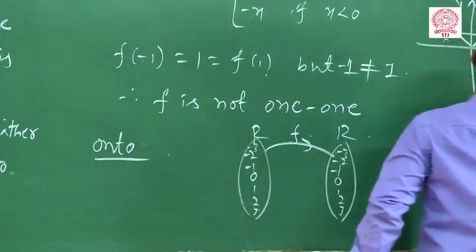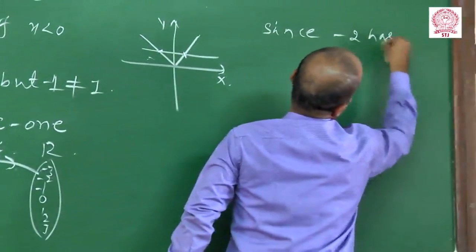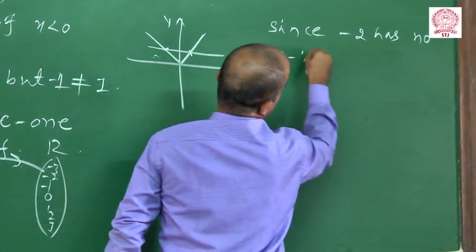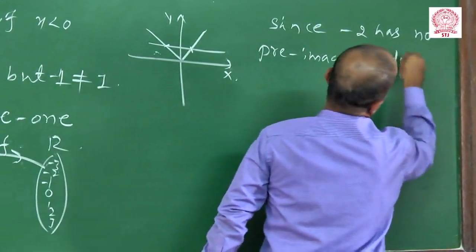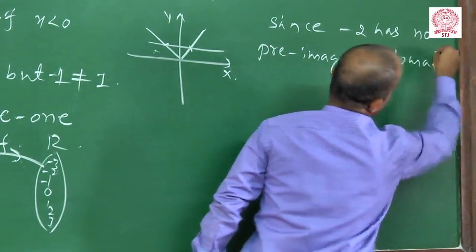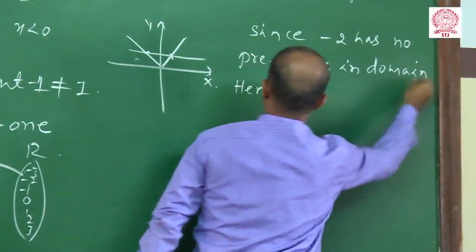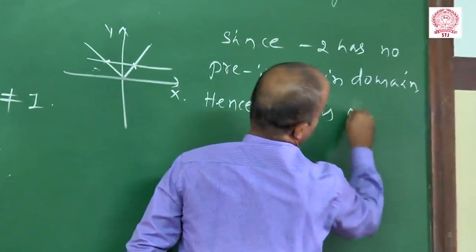Since minus 2 has no pre-image in the domain, hence f of x is not onto.